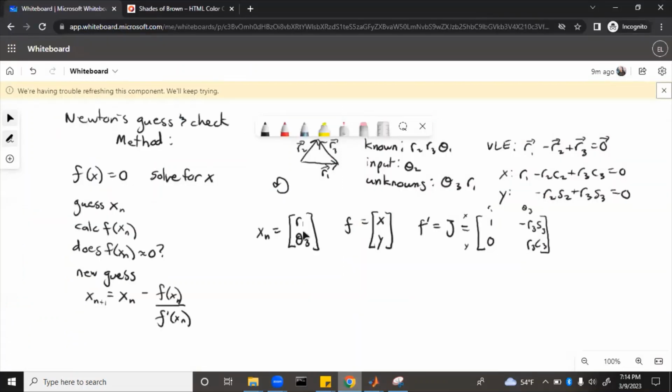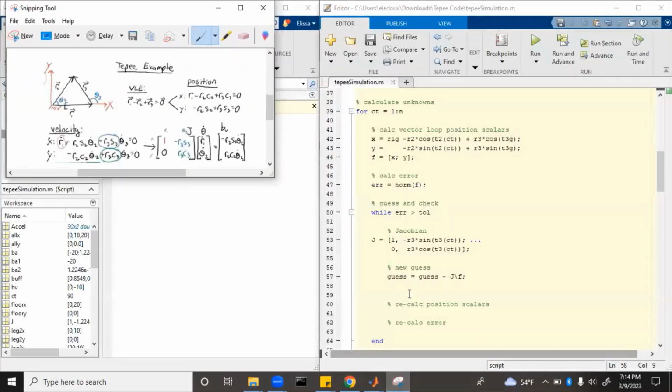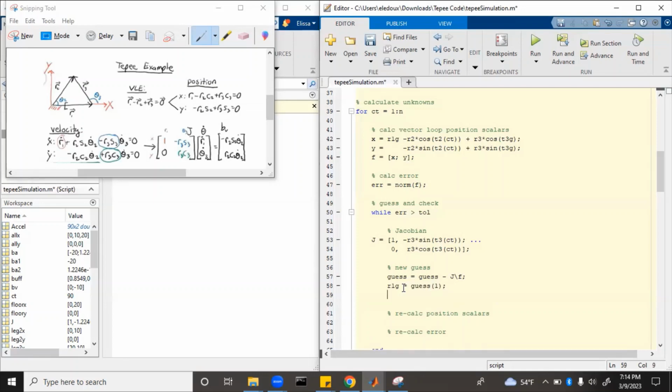So we're going to stick with that for this, and R1G equals guess of 1, first element, and T3G equals guess of 2, second element. Okay, so then recalculating position scalars and the error, those will be exactly the same equations that we've got up here.